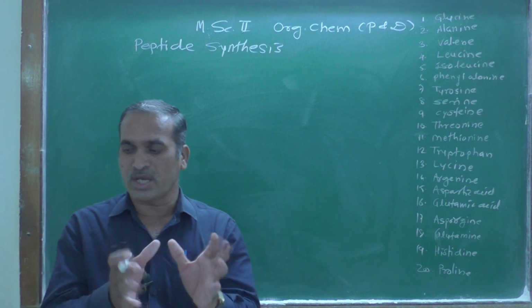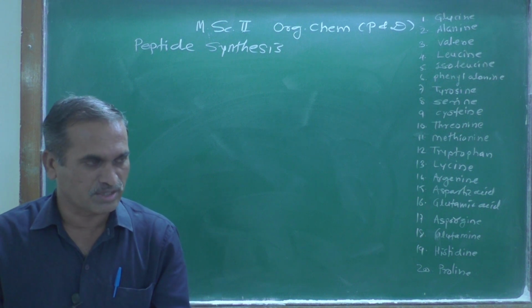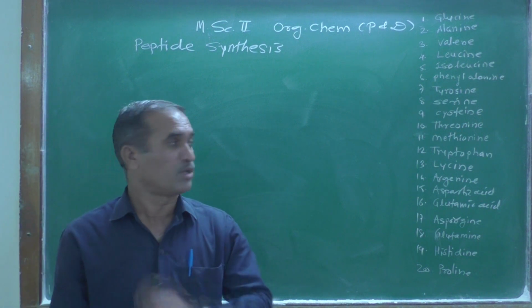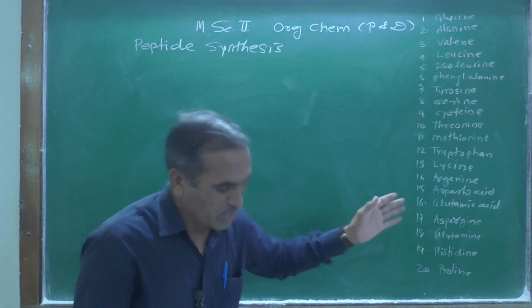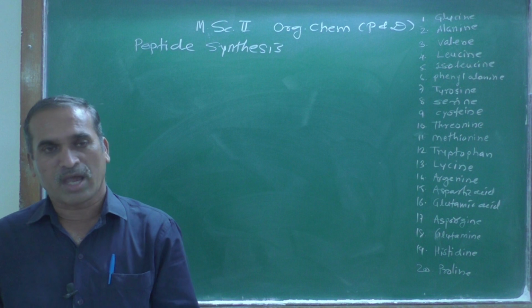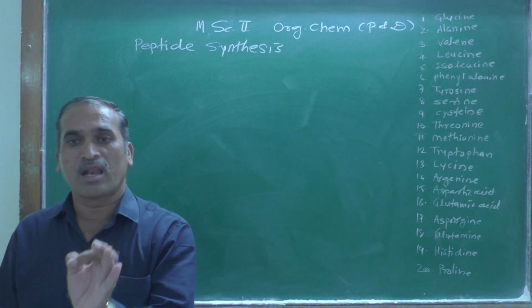Peptides are naturally occurring polymers of amino acids, and as we know, there are 20 naturally occurring amino acids, and all our amino acids are in the L configuration.